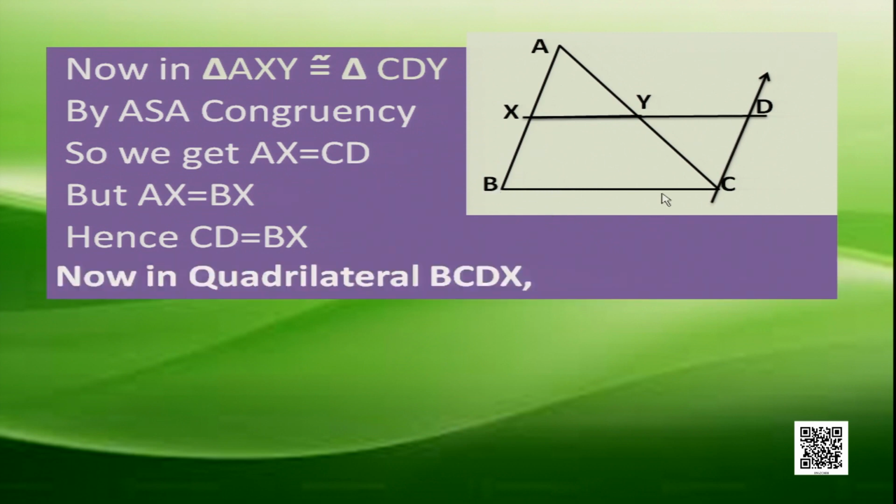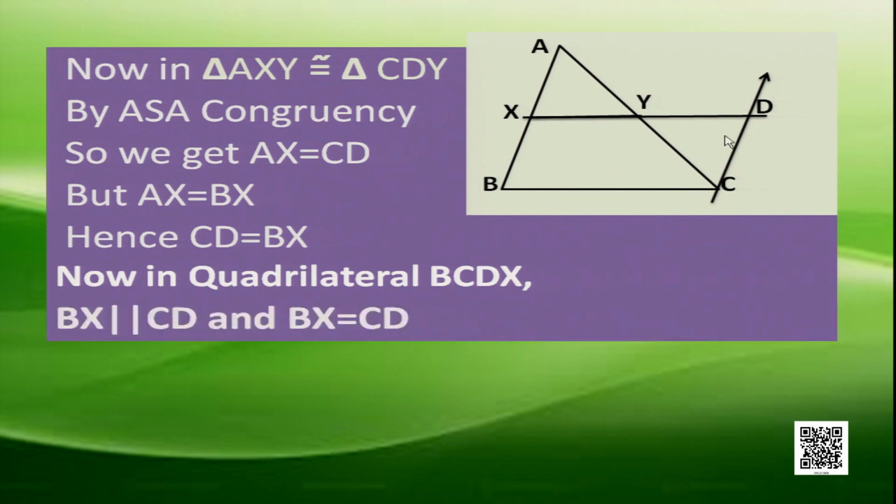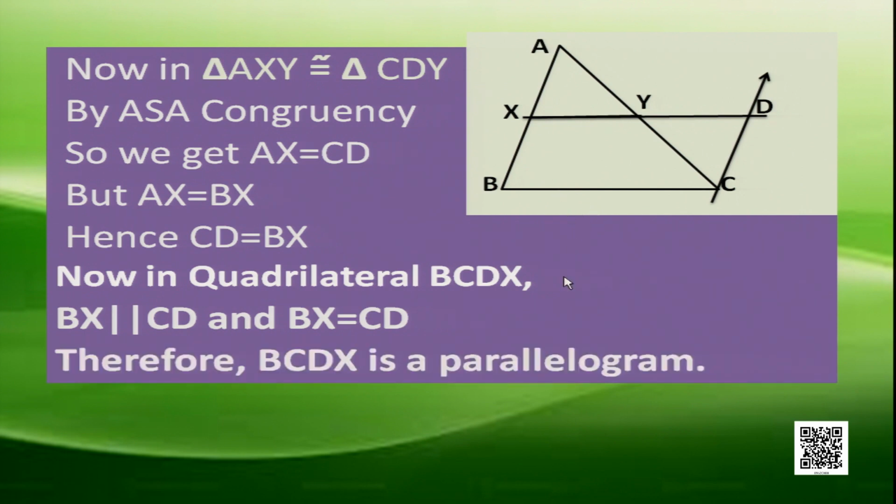Now, in quadrilateral BCDX, you see BX is parallel to CD and BX is equal to CD. We know that if in a quadrilateral the opposite sides are parallel and equal, then that quadrilateral is a parallelogram. So, from this we get that BCDX is a parallelogram.